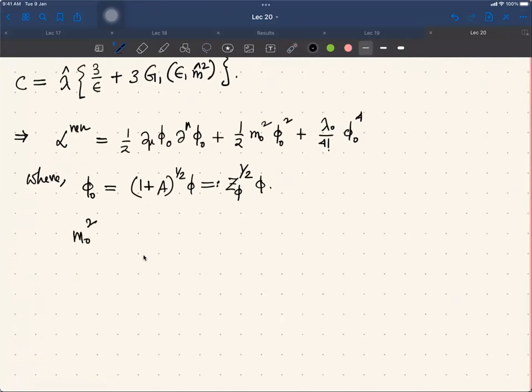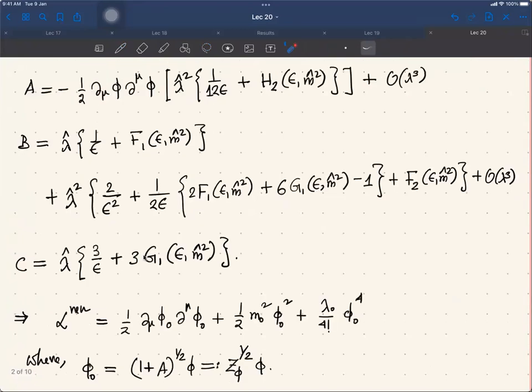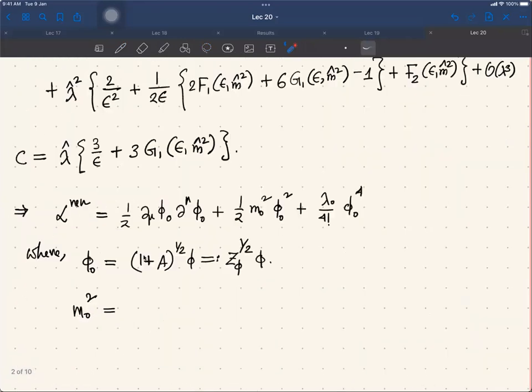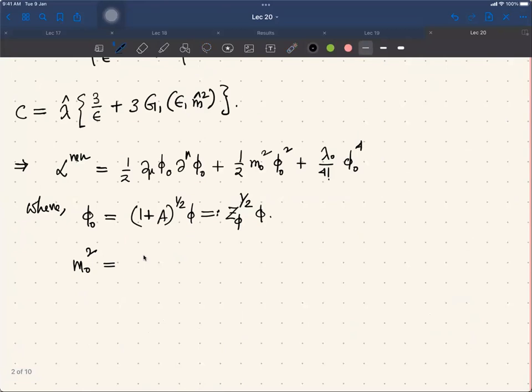Similarly, m0 square is given by this coefficient. The original Lagrangian has a half m square phi square term, and then the counterterm has the same term with a coefficient b, so the net coefficient is 1 plus b, but then phi has to be expressed in terms of phi 0. Therefore m0 is related to m in the following manner: 1 plus b divided by 1 plus a.